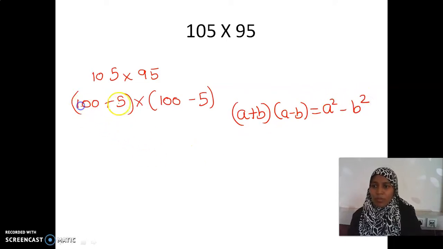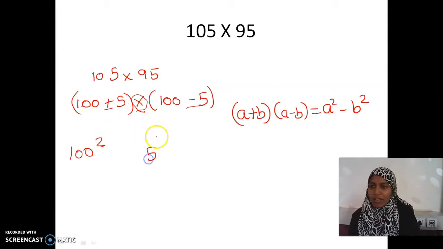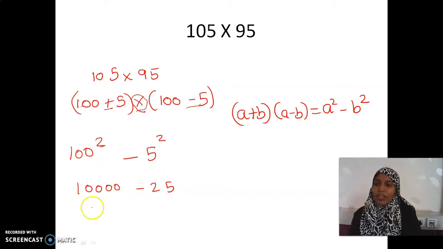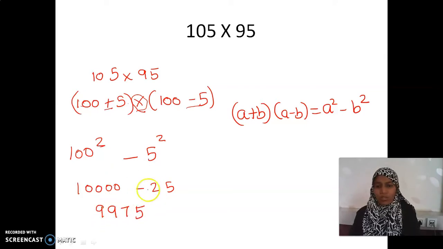Whenever two numbers are added once and subtracted once and multiplied, I can make use of this identity. Squaring both the numbers, 100 squared and 5 squared, and subtracting them. So what is 100 squared? It is 10,000. What is 5 squared? It is 25. If I subtract this, 9,975. I can do it orally also, my dear children.